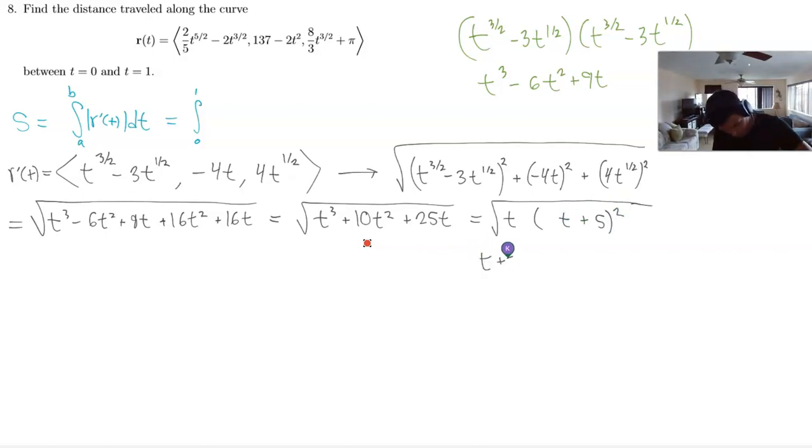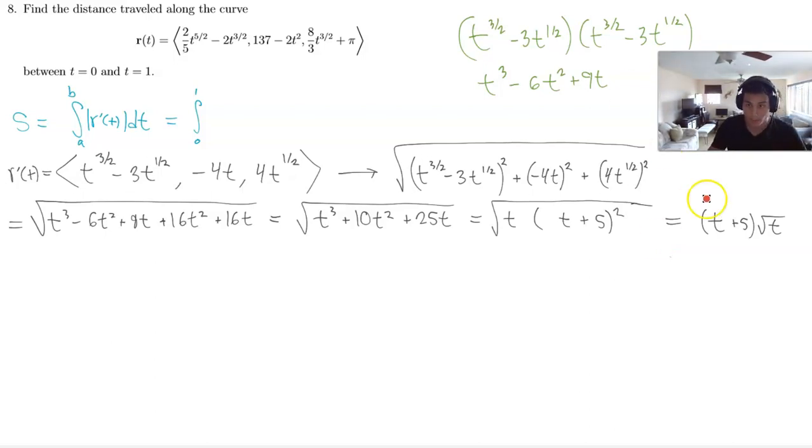T plus 5 times t plus 5, we get t squared plus 10t plus 25. Yes, that is correct. Good job, me. So what does this reduce down to? It reduces down to t plus 5 times the square root of t.